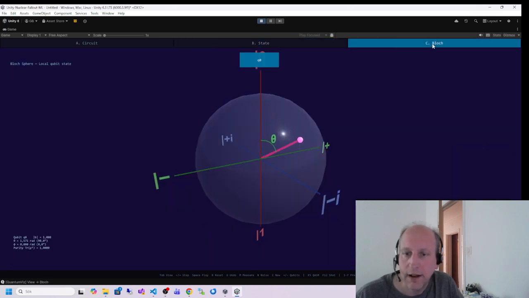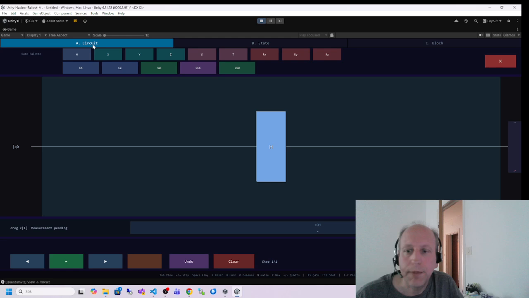And if we look at the Bloch sphere, it's pointing at the plus. So let's go back to the circuit, and we do a measurement. It could be 1 or 0. In this case, it was 0.